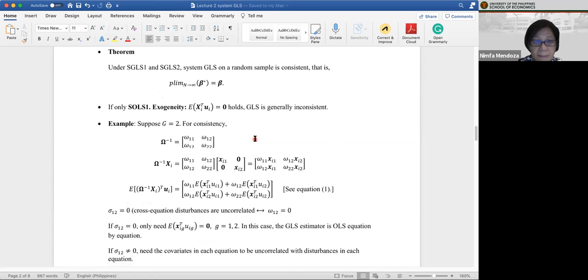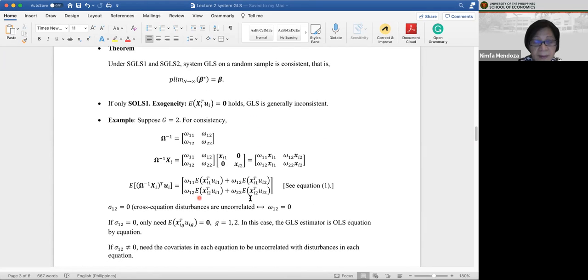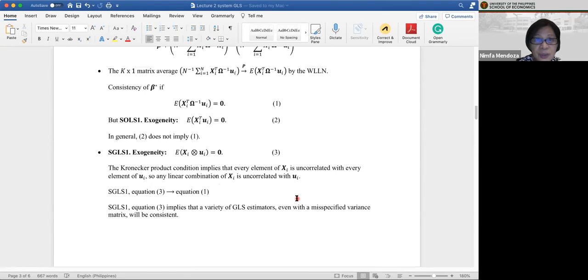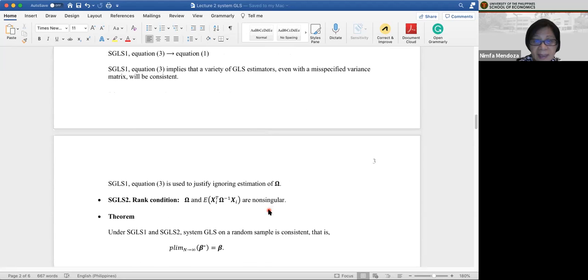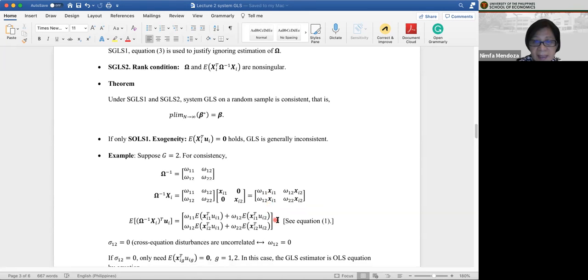Okay, so if we want this condition to be satisfied, then this should be equal to 0, 0, 0.